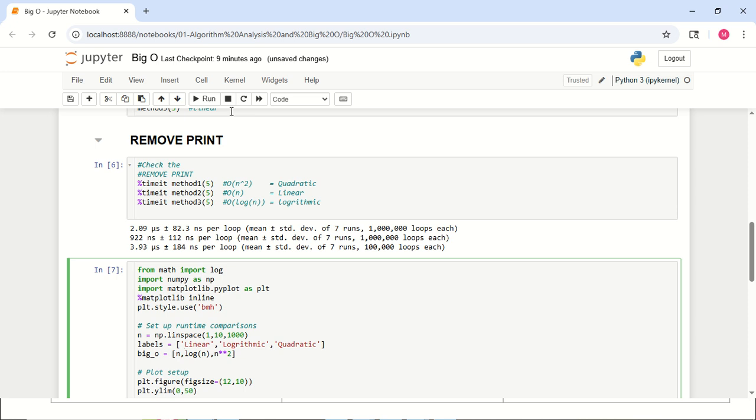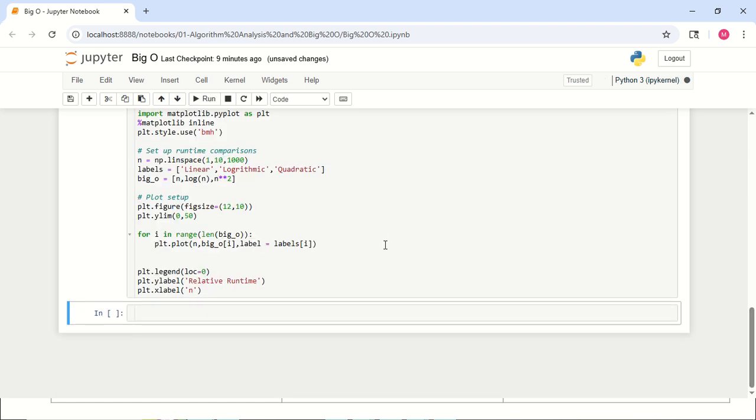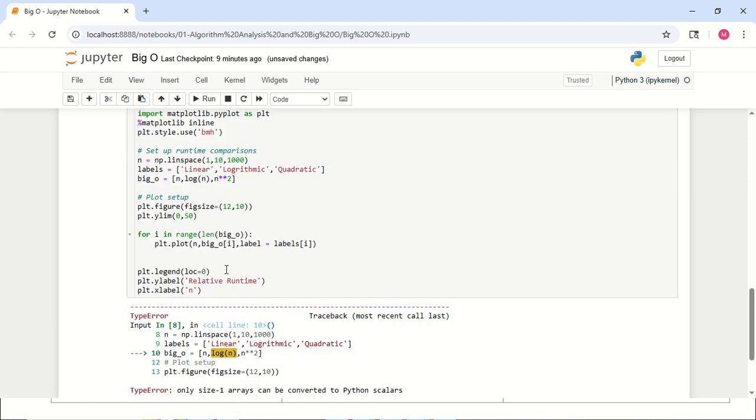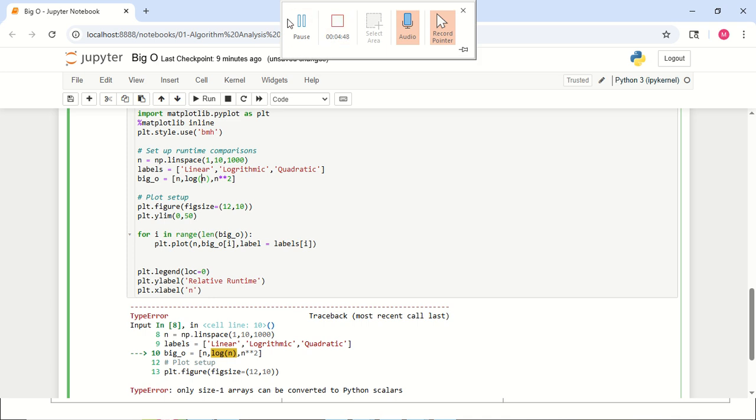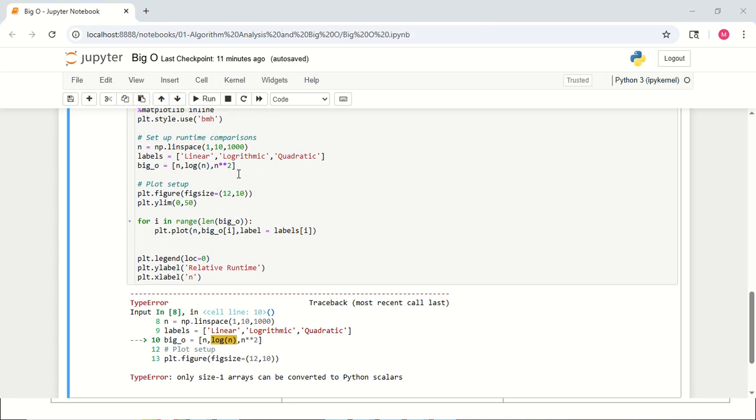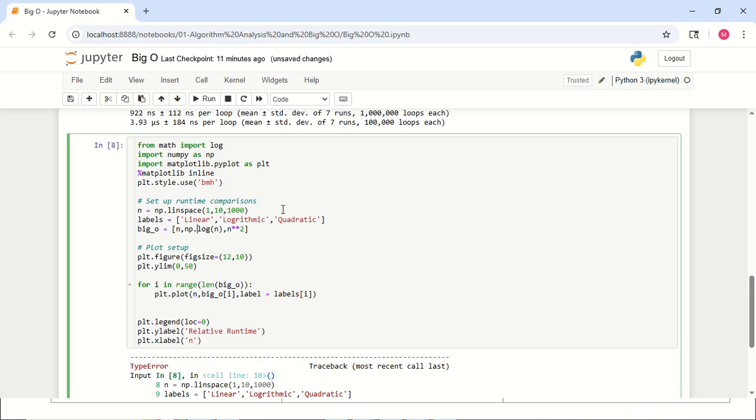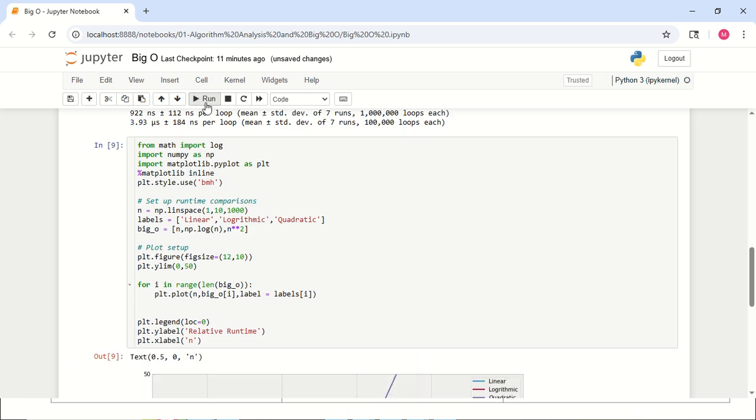This is matplotlib, and I want to see visually what that looks like. Log, it doesn't like log. Let me look that up right quick to find what I'm doing wrong there. Give me 1 second. Okay, so to correct this, I'm going to use the numpy function. And I'm going to try running that again.